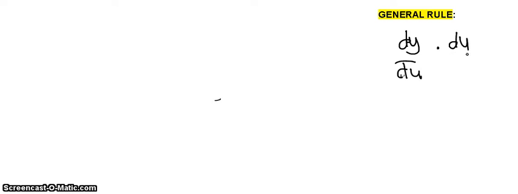Let us start off with an example, but first, let's recap. By multiplying dy du by du dx, you will return to dy dx.